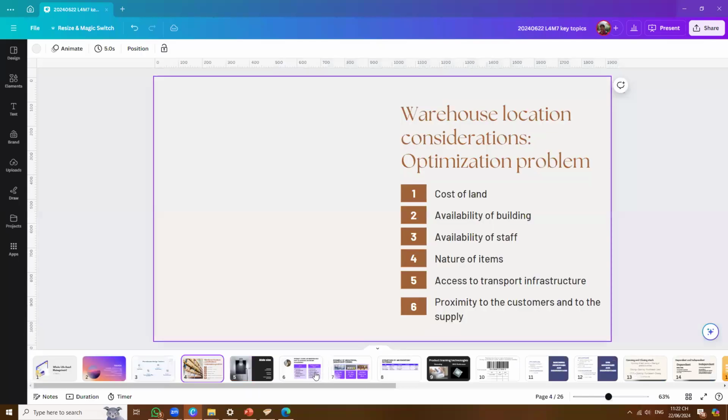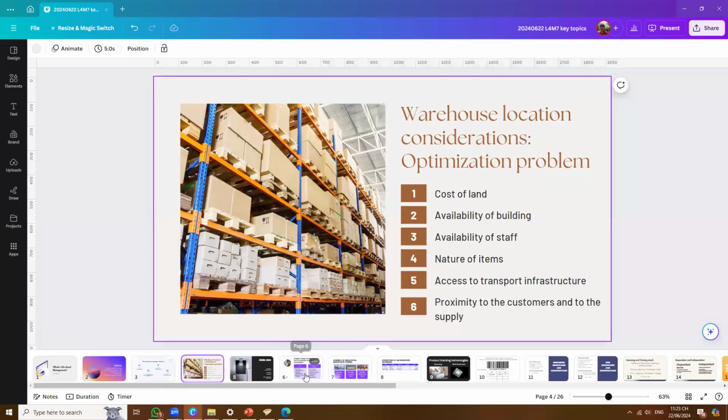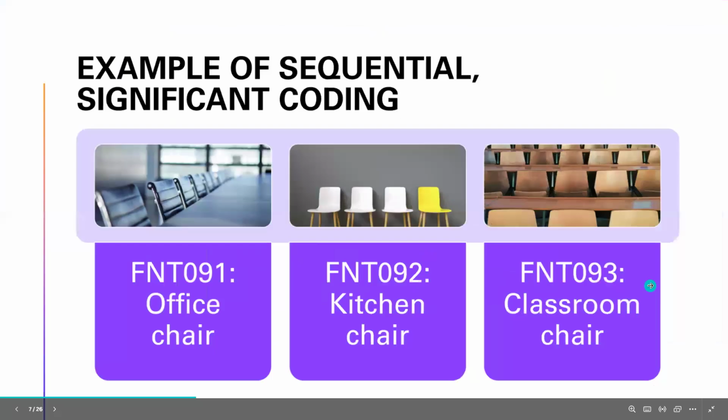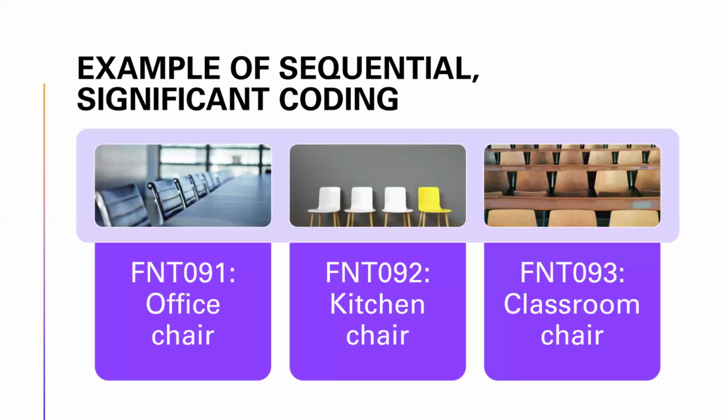With significant or structured coding, it would look like this. For example, I am selling furniture with some variation.